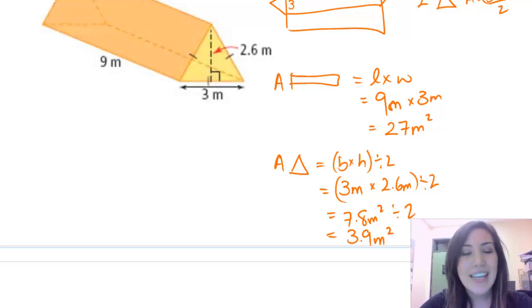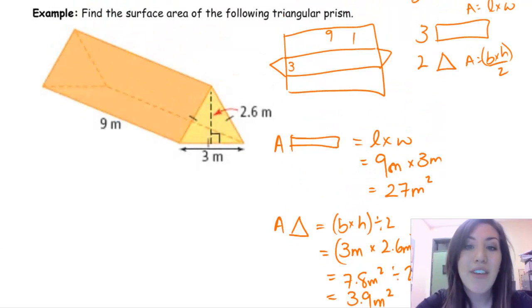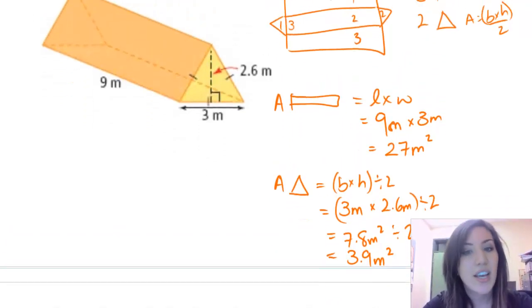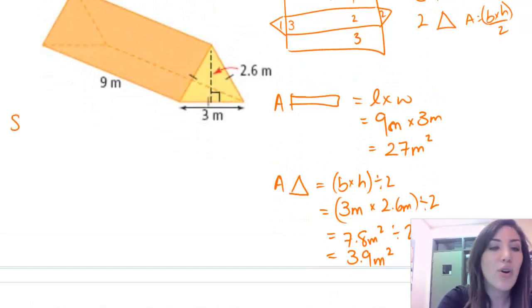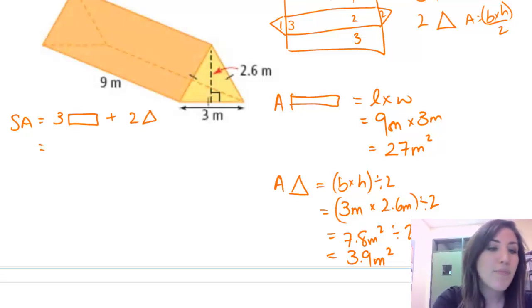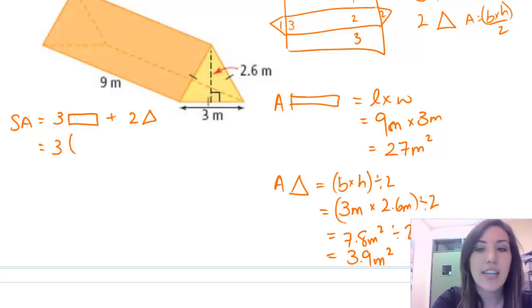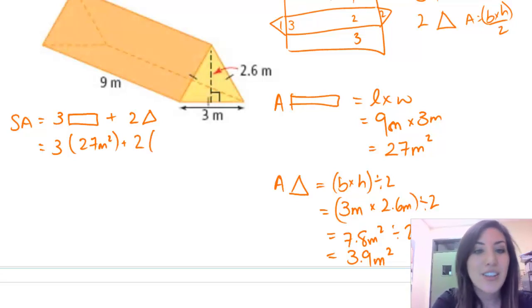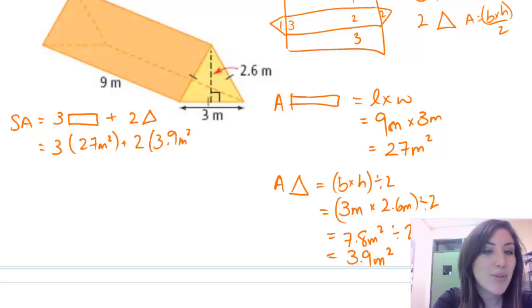All right, is that the total surface area? No, it's not, because you have 1, 2, 3 rectangles and you have 1, 2 triangles. So let's go over here to the left. The total surface area equals your 3 rectangles plus your 2 triangles. So we have 3 areas of a rectangle, and the area was 27 meters squared, and we have 2 triangles, and the area of the triangle was 3.9 meters squared.